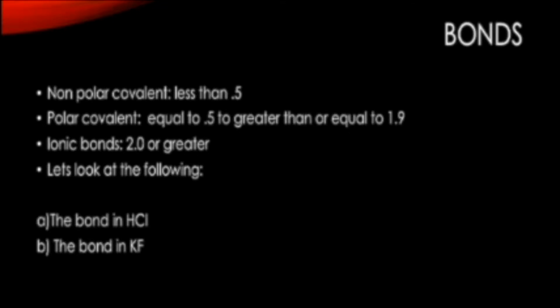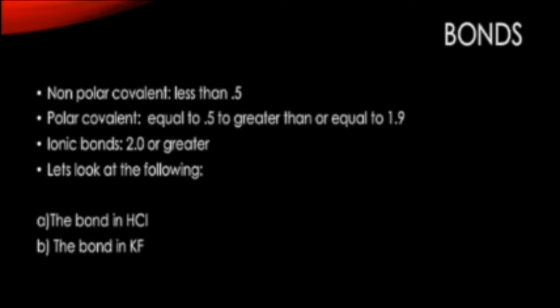When the difference between two atoms is 0.5 or greater but less than or equal to 1.9, we have a polar covalent bond. These bonds are typically seen with atoms of similar electronegativities. Lastly, if the difference is 2.0 or greater, we have an ionic bond. An ionic bond is easy to remember since it usually involves a metal and nonmetal.